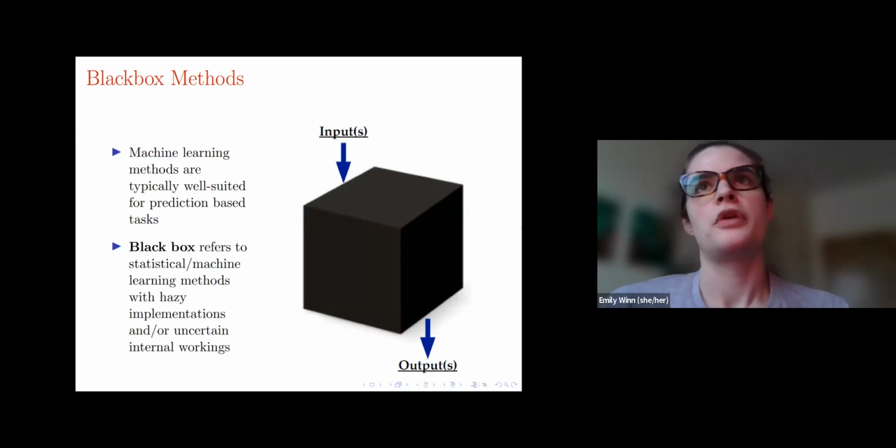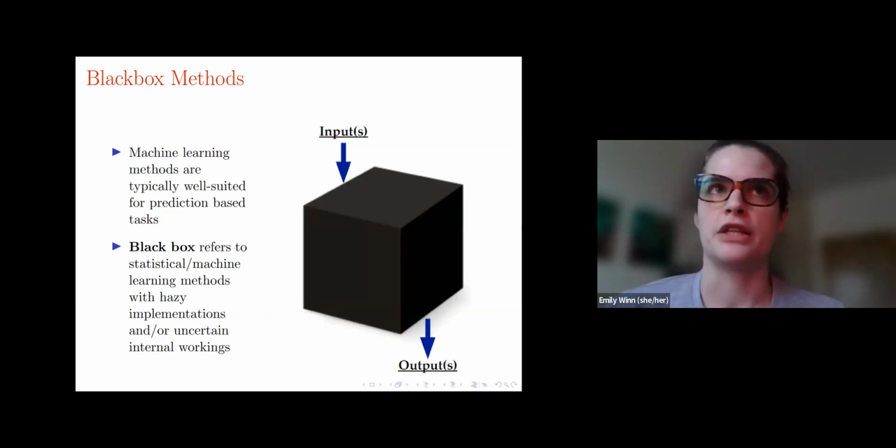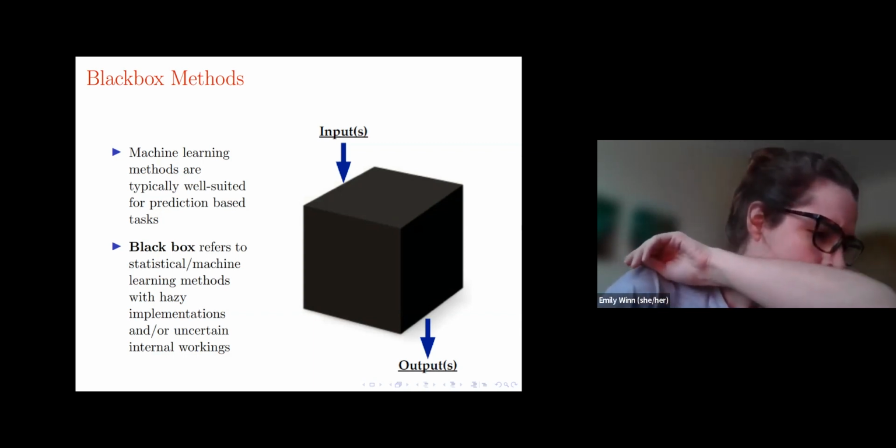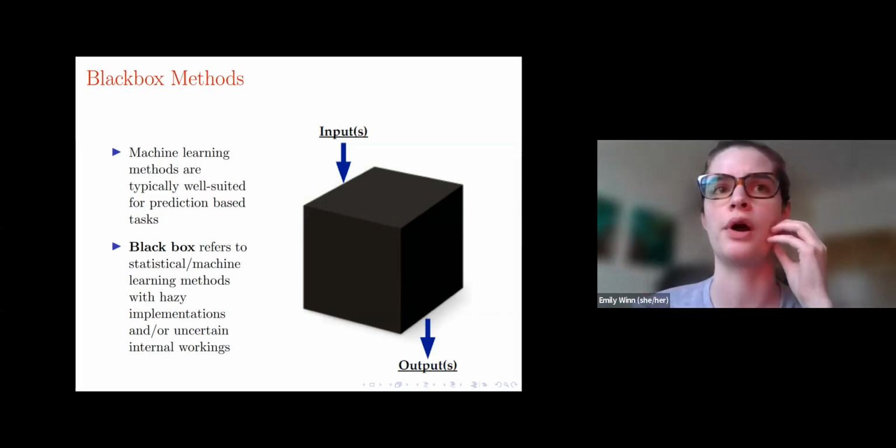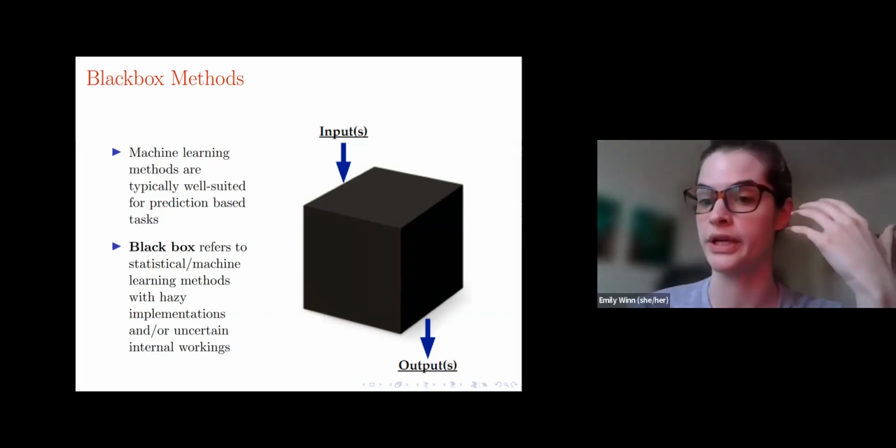So linear models are one way to do it. You can also use nonlinear models, which are usually black box methods. Machine learning methods tend to be well suited for prediction-based tasks. You have input, you have output, but the black box refers to statistical or machine learning methods with hazy implementations or uncertain internal workings.